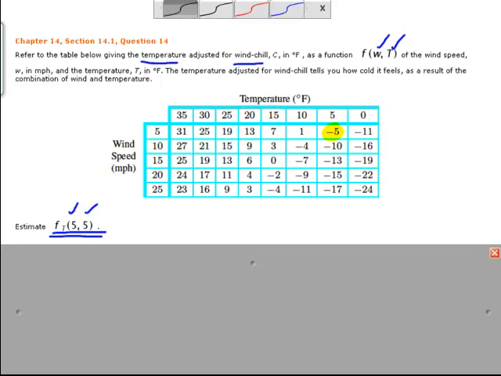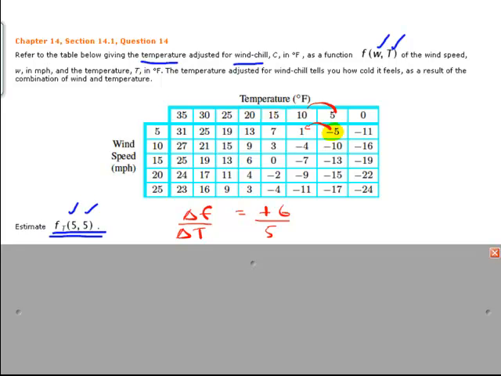So if we just change temperature, the change in our function is going from negative 5 to 1, so it increases by 6, when the change in my temperature goes from 5 to 10, which is 5.